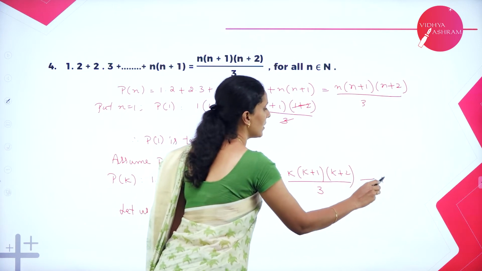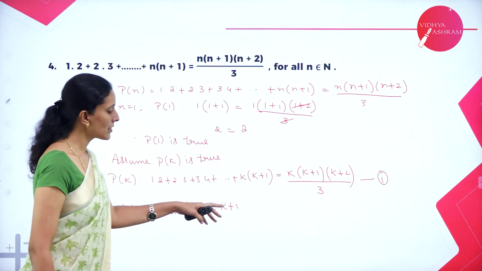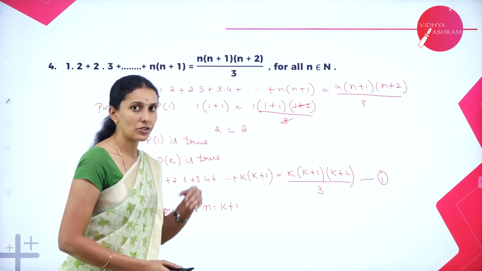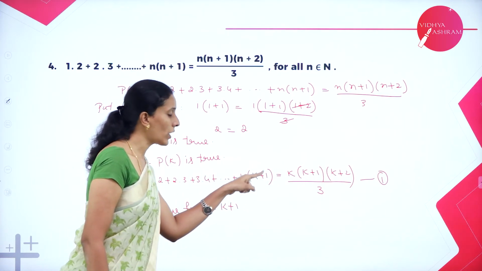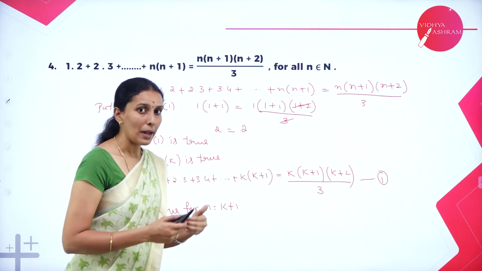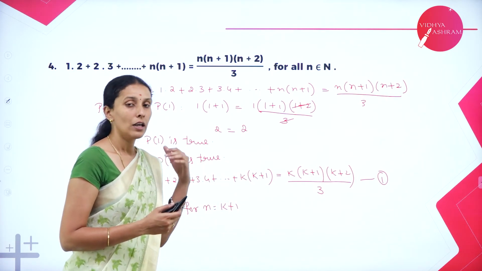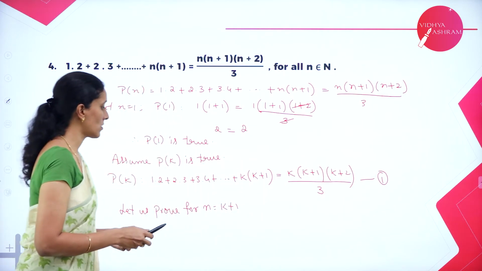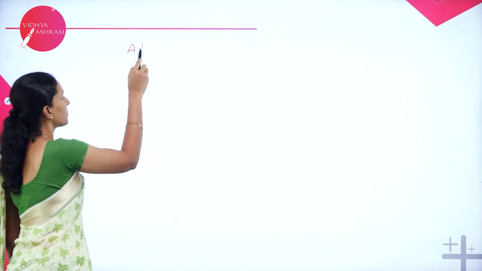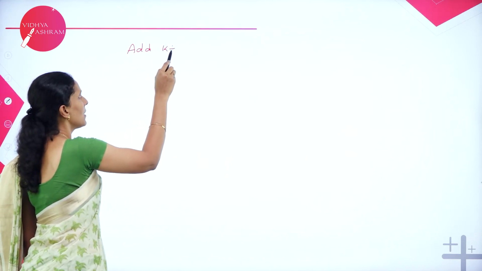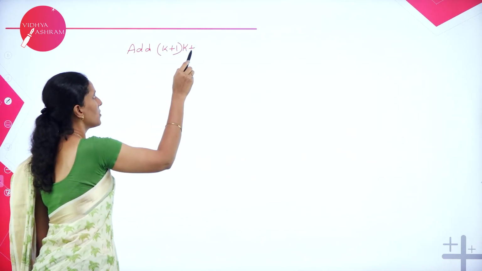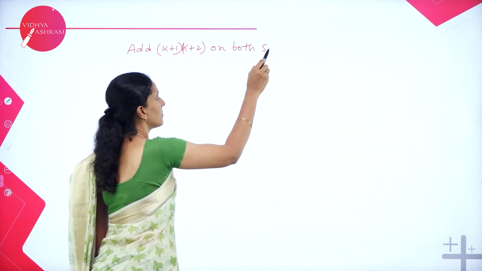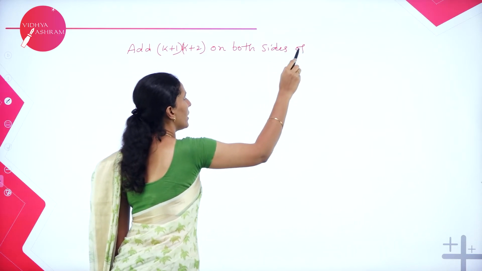Take this as equation 1. If you want the result in the form of k plus 1, you have to add one more extra term. If this is k into k plus 1, the next term is k plus 1 into k plus 2. So you have to add (k+1)(k+2) on both sides of equation 1.